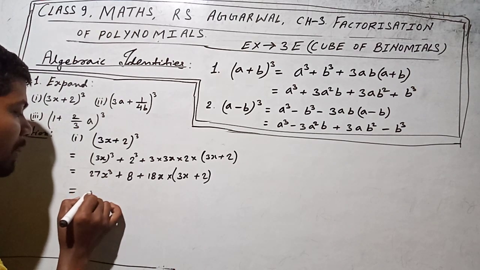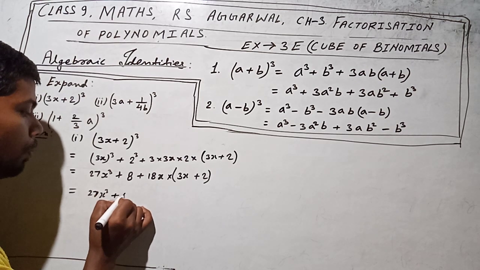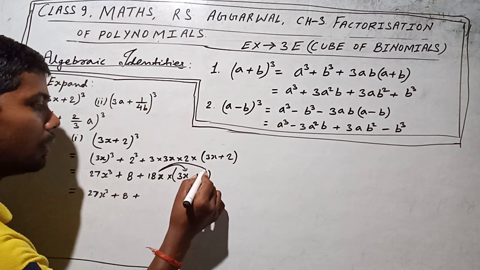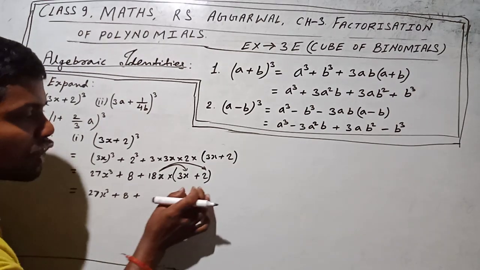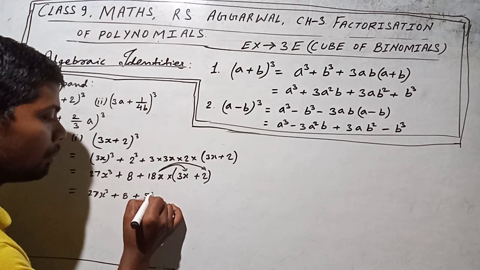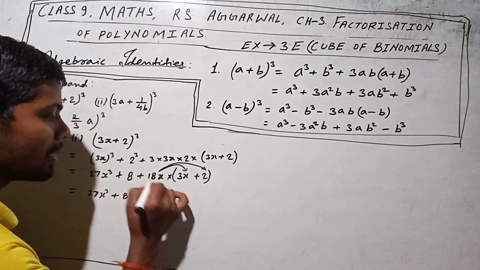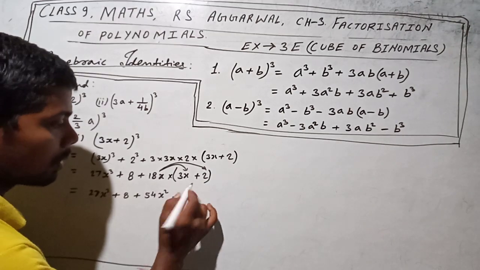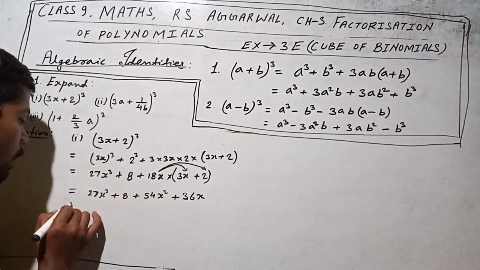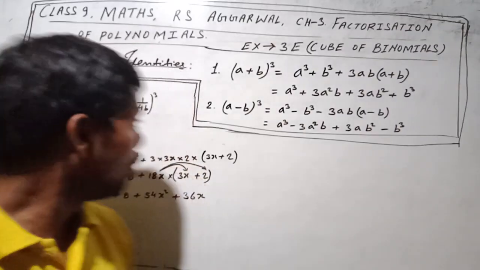Now it remains as it is: 27x cube plus 8 plus, now this monomial will be multiplied by each term of this binomial. 18 threes are 54, and x times x gives x square, plus 18 twos are 36 and x. Now we have got the expanded form of the given binomial (3x plus 2) whole cube.